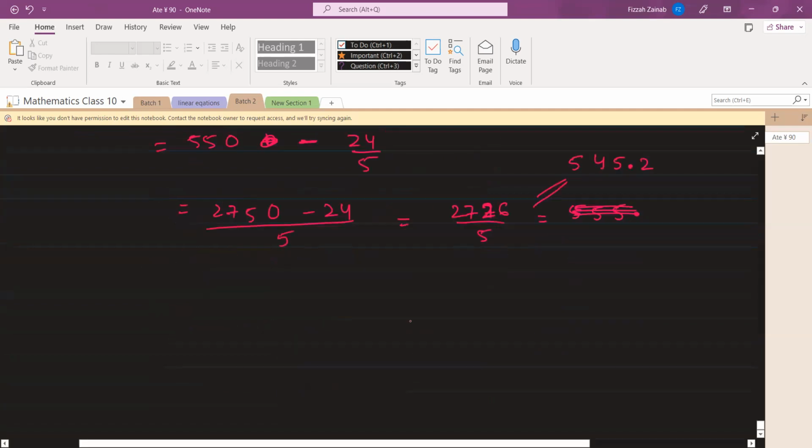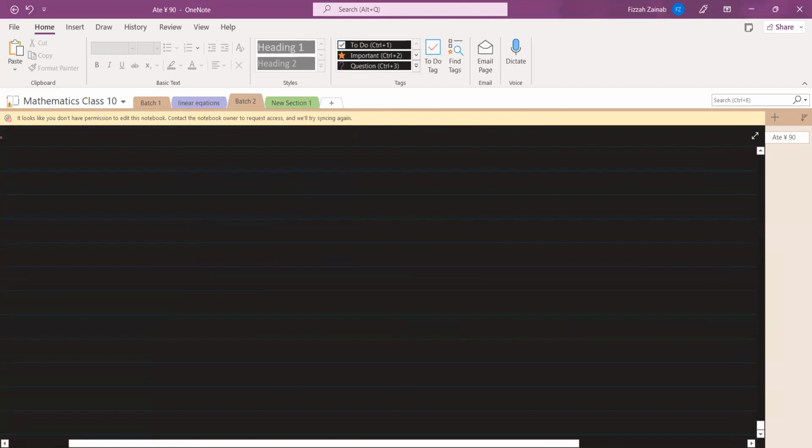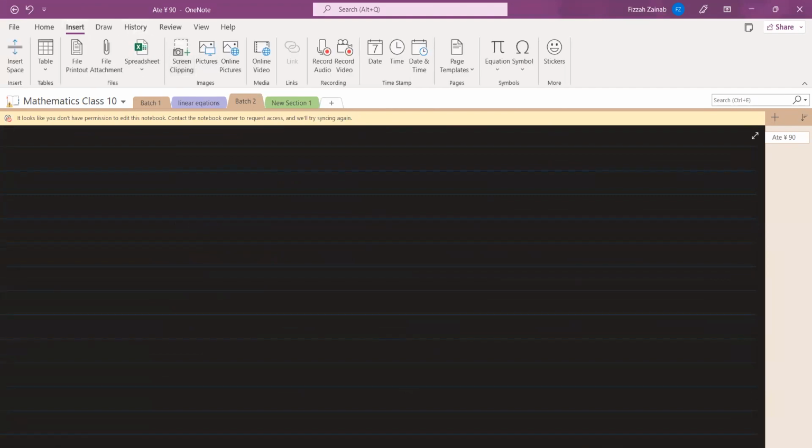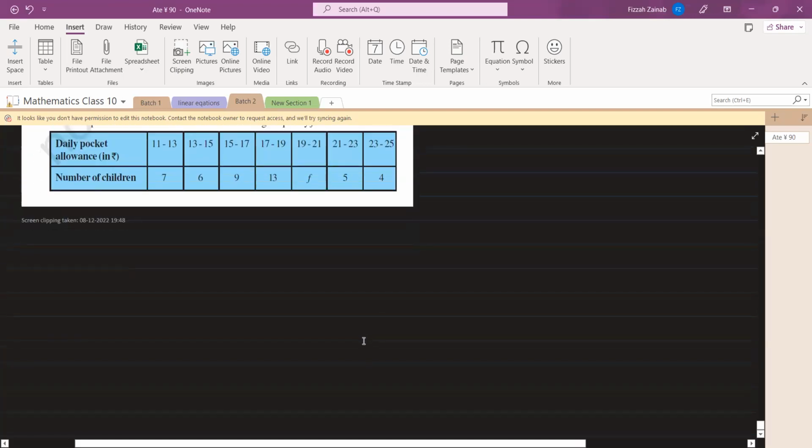Now please see next question number 3 and start making the table, all of you. So there is one frequency which is missing, right?